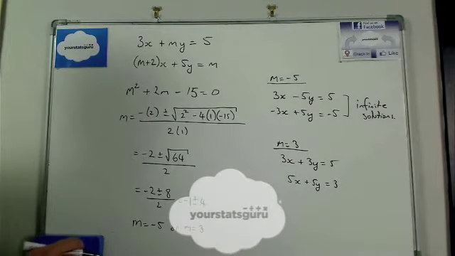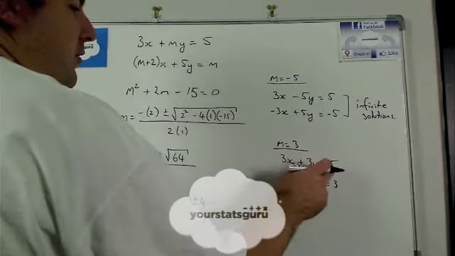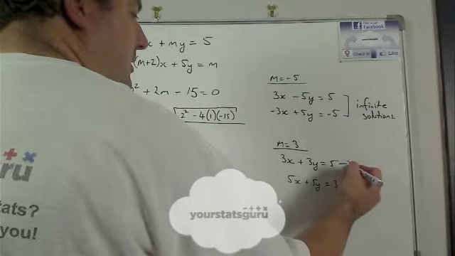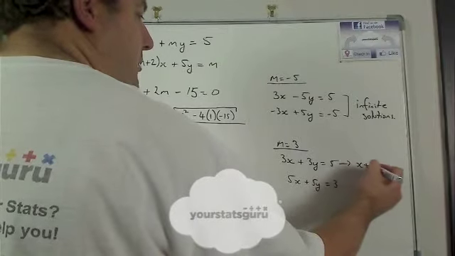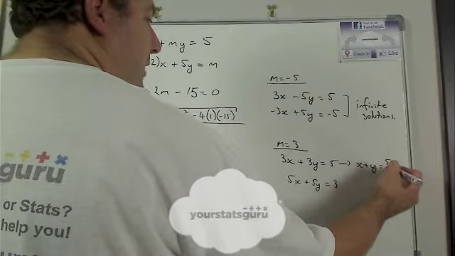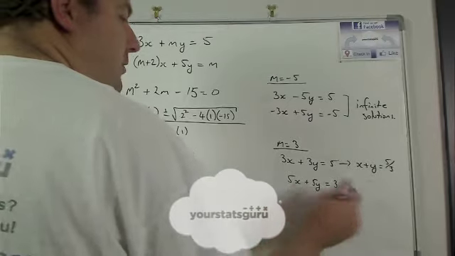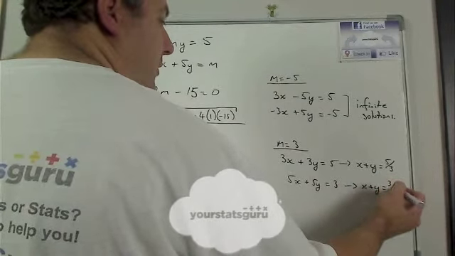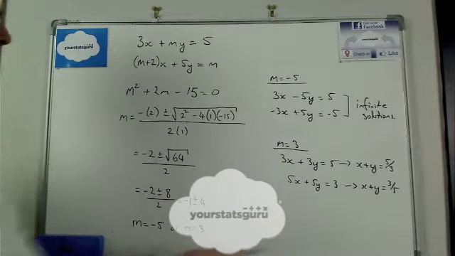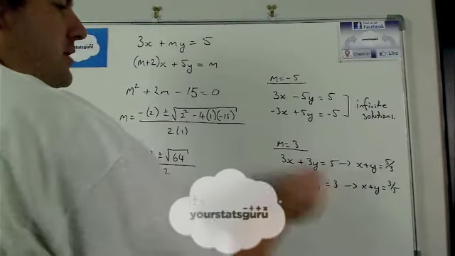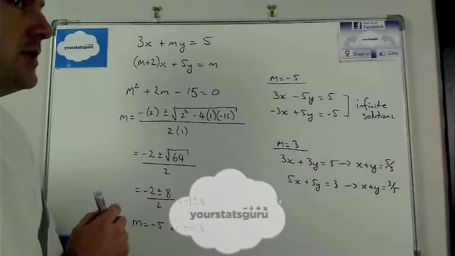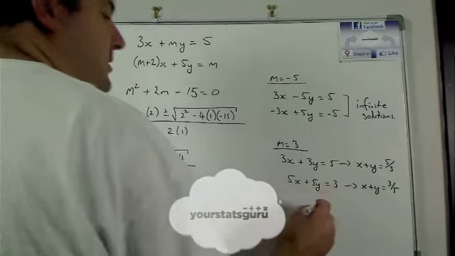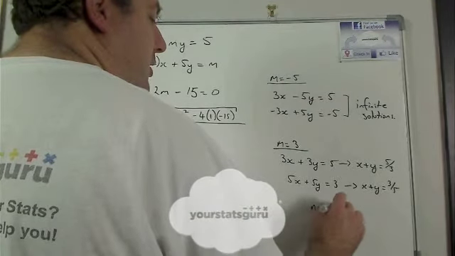Now, if we divide both equations by the coefficients, that's basically going to give us that this equation is the same as x plus y equals 5 over 3, and this equation will be that x plus y equals 3 over 5. Clearly these two equations are inconsistent, in other words they don't give the same solution. So this is the case where we have no solutions.